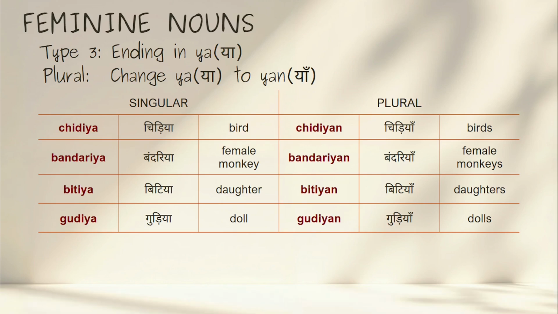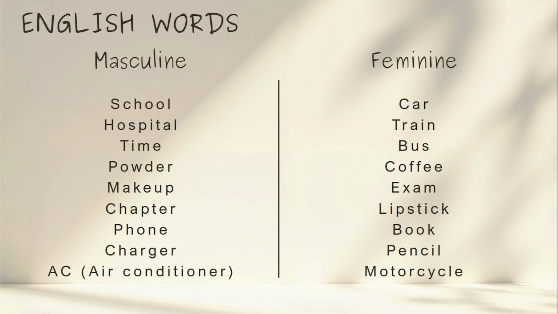Now, as I've previously mentioned, you can actually use English words in Hindi sentences. And when you use these English words, they too will have a gender, and they too will affect the other words in the sentence. So you need to know the genders of the English words also. Here are a few examples.